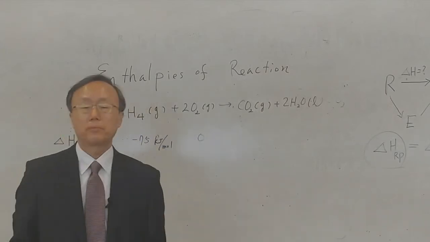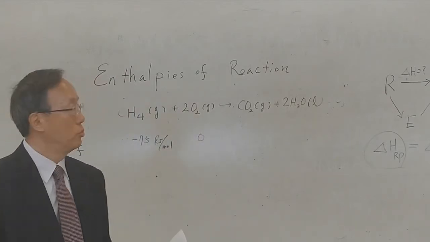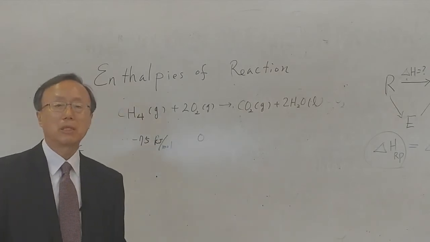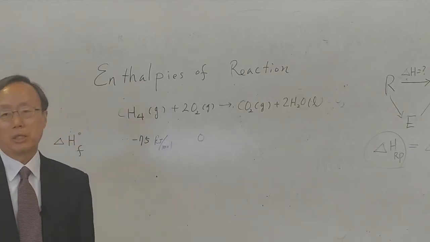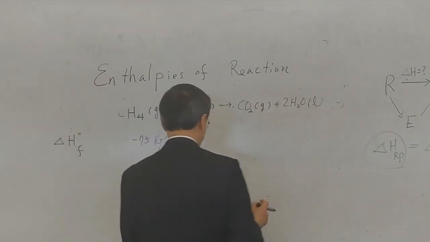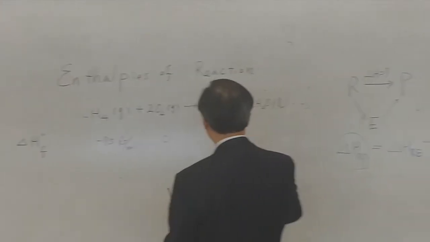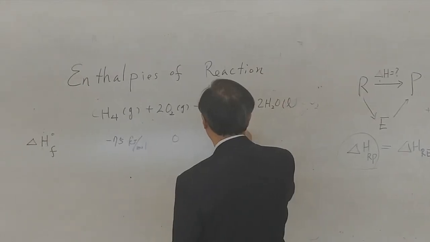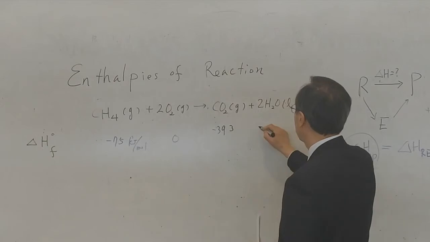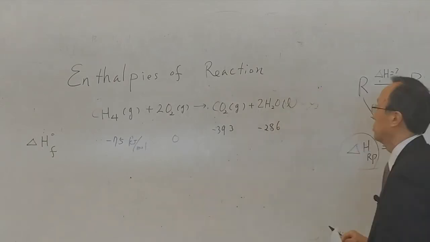You know, we decided to put zero for the standard enthalpy of formation of an element. So O2 is zero. CO2 is minus 393. And H2O liquid is minus 286 kilojoule per mole.